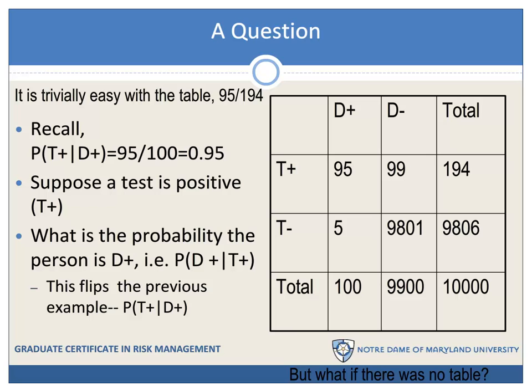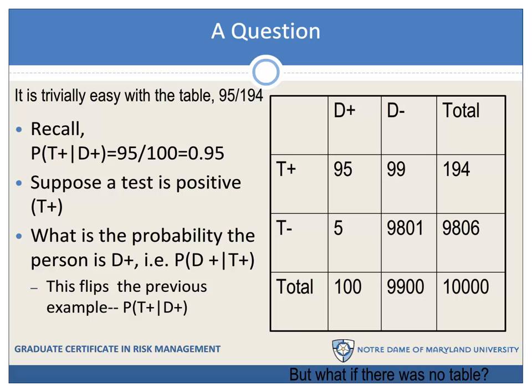This is trivially easy to calculate with the table, so that if you have tables prepared for you for all your risk assessments, probability calculations can be quite simple. The probability that you're disease positive given that you're test positive. Looking at the table, we have information that says this person is test positive, so I know only to look at that row. We have eliminated most of the people.